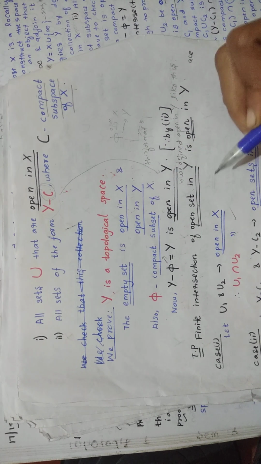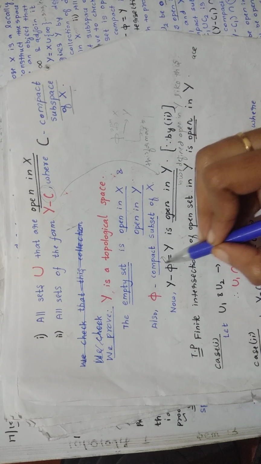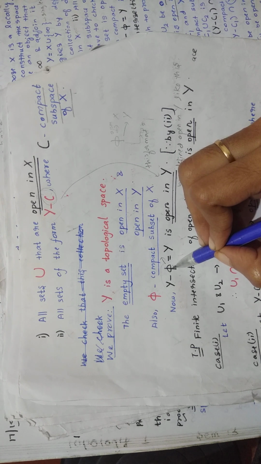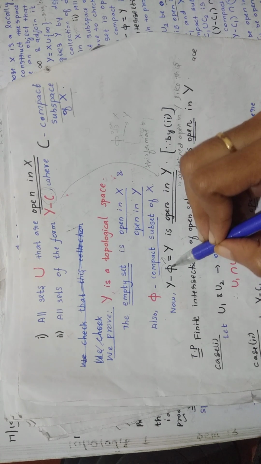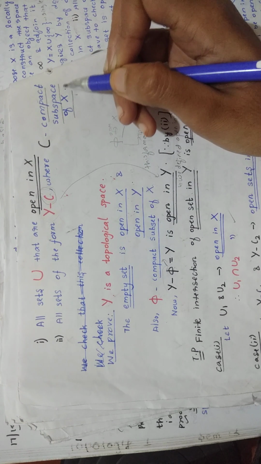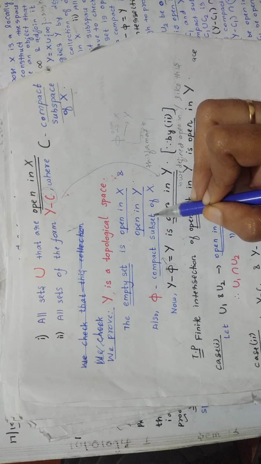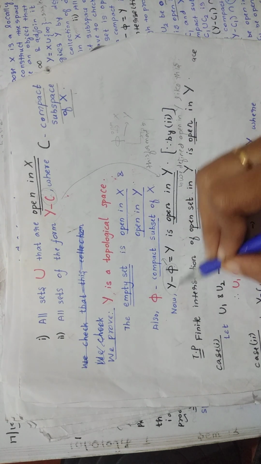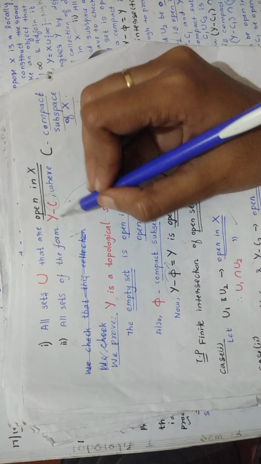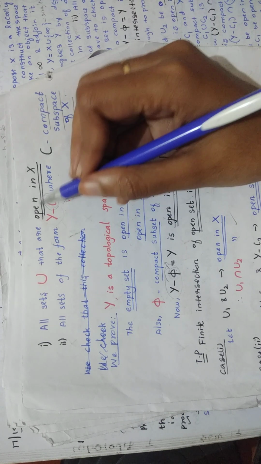It is open in Y. How are you writing that? Because you know that an open set in Y will be in this format: Y minus C. In the place of C, here you are having phi. That's the only difference. The C present here will be a compact subspace of X. Here also the element present is a compact subset or subspace of X. So the open sets in Y will be in this format.